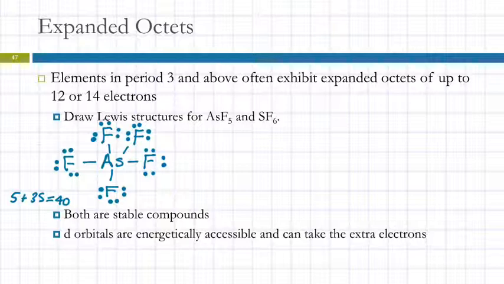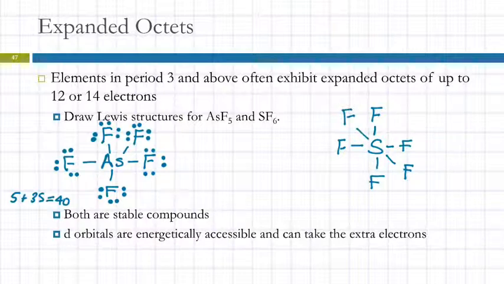Sulfur hexafluoride is going to be a similar thing. Put sulfur in the middle and the fluorines around it. So there's 6 fluorines.